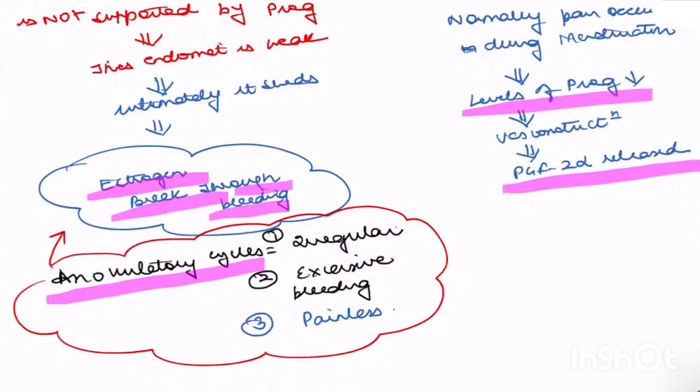Okay. So this completes our discussion on menstrual cycle. Now you also have to know AUB, atypical uterine bleeding. Atypical uterine bleeding को जानने से पहले characteristics of menstrual cycle जानना जरूरी है.